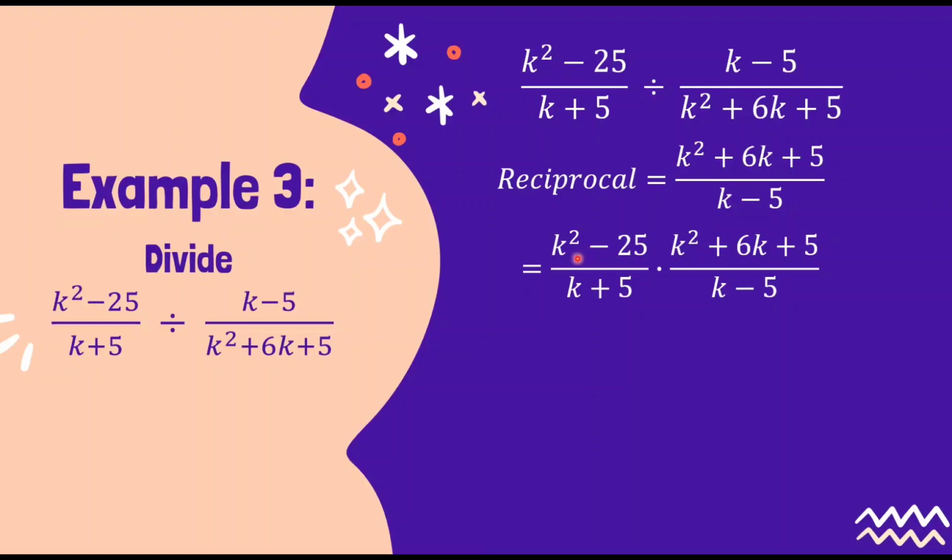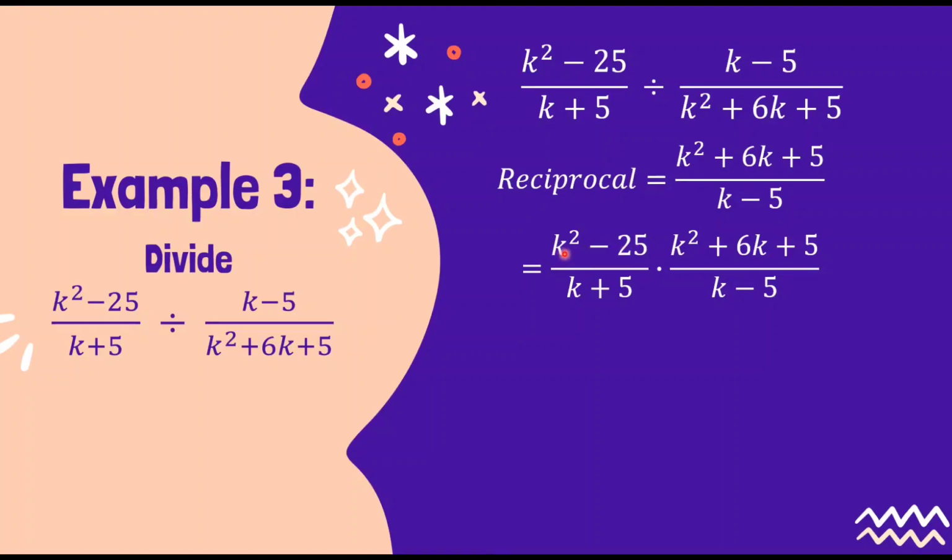We have a perfect square. So k squared minus 25 is a perfect square. Okay, how about this? k squared plus 6k plus 5. This is a trinomial. Okay, so since ang ating first term ay 1 ang numerical coefficient, we can easily find out the factors of this, if it is factorable. Okay, now, so let us find out the factors of k squared minus 25 since it is a perfect square.